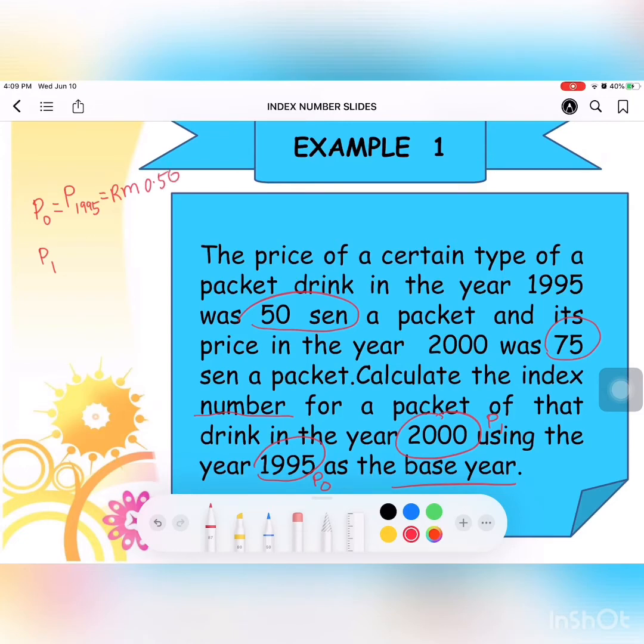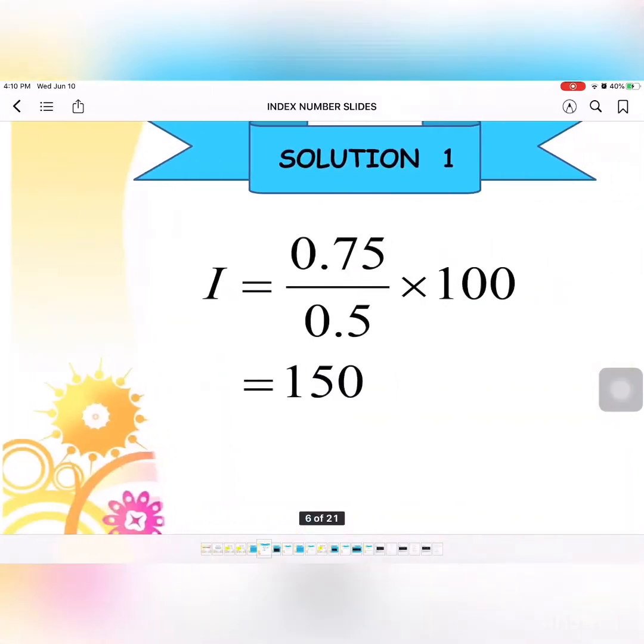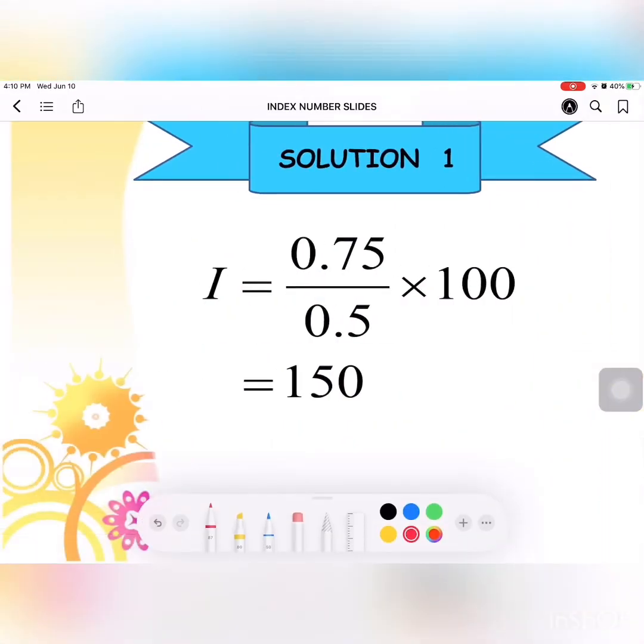P1 is the price in 2000, which is 75 cents. Now, this is the solution, because you know that the formula is I equals P1 over P0 times 100.